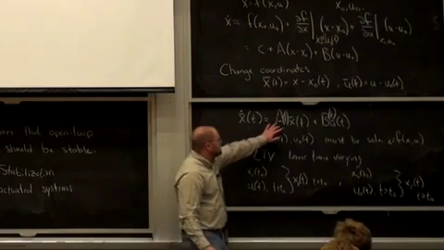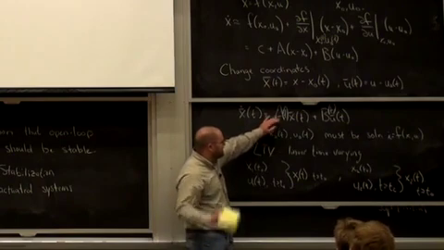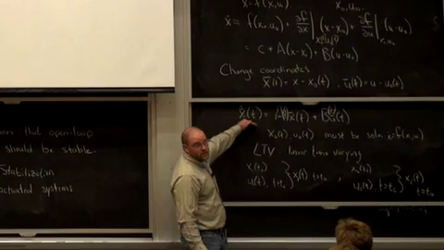Okay, so now the question is, how do we work with the fact that this thing is still easy, and design a controller that works with this new linearized system?